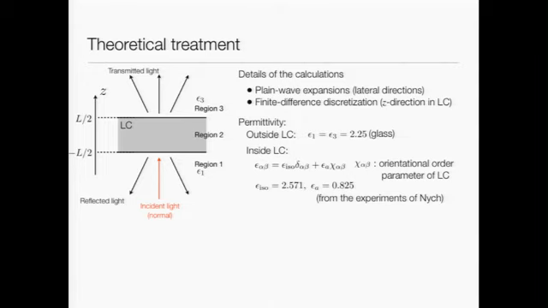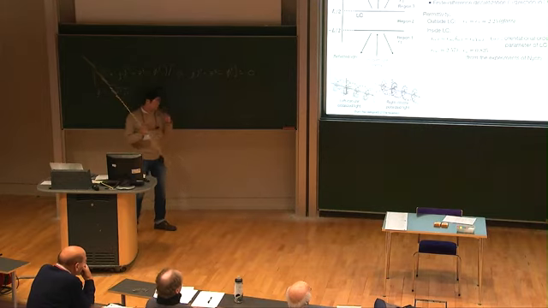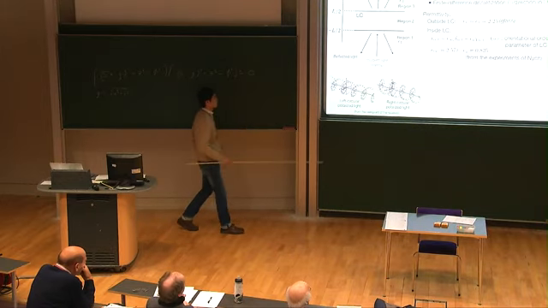So when light is incident normal to the liquid crystal, we paid attention to the response of the liquid crystal to light with different polarization. We are dealing with chiral systems, so it should respond differently to lights with different polarization, here left circular and right circular.